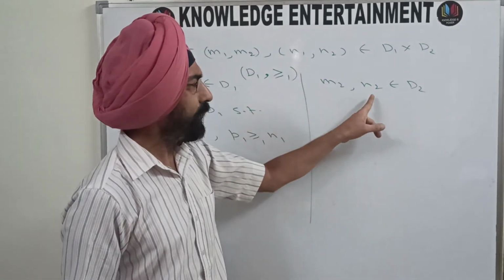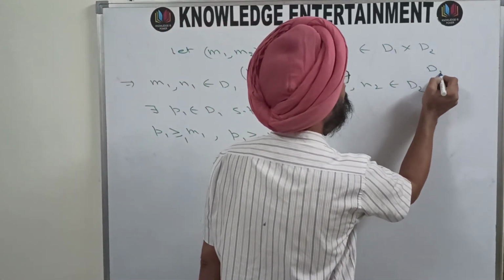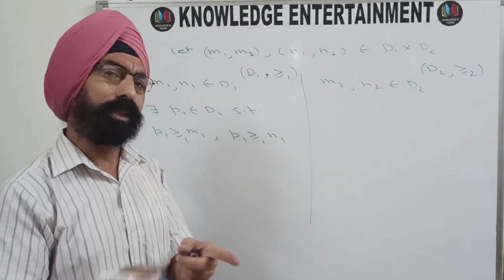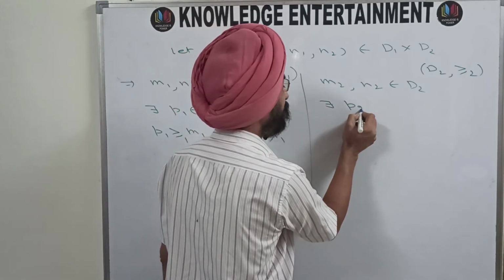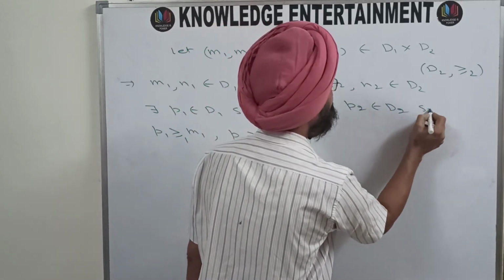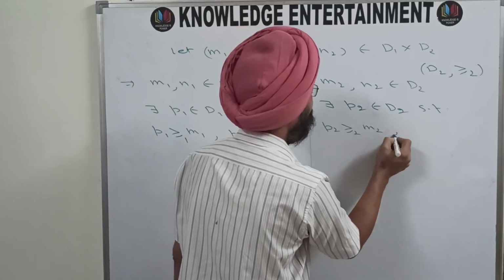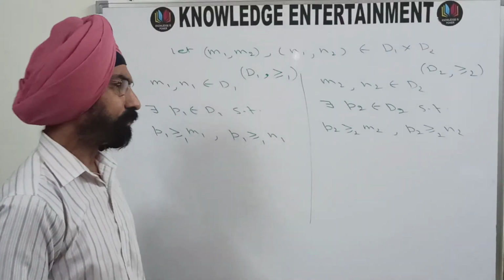Similarly, M2 and N2 are members of D2, and D2 with this binary operation is given to be a directed set. So therefore, by the third property of directed set, there exists some element P2 in D2 such that P2 is greater than or equal to 2 M2 and P2 is greater than or equal to 2 N2.